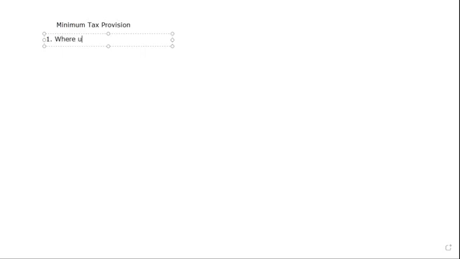Where there's no profit, or where the minimum tax is higher than the normal company income tax computed. Are you with me, please? Yes, we are.